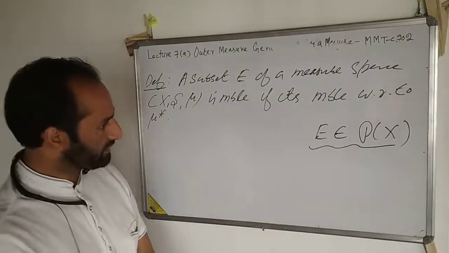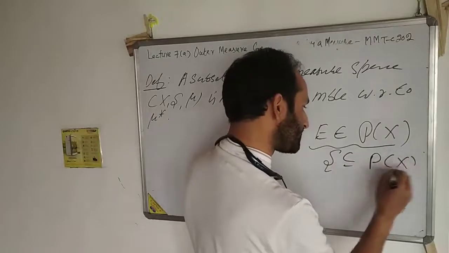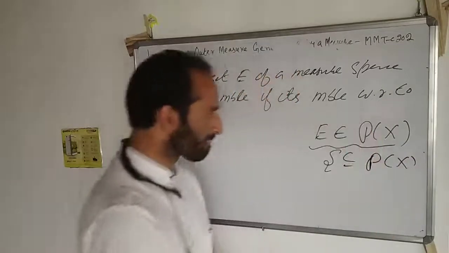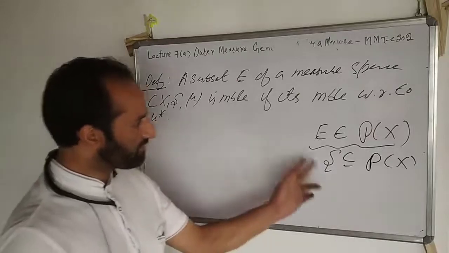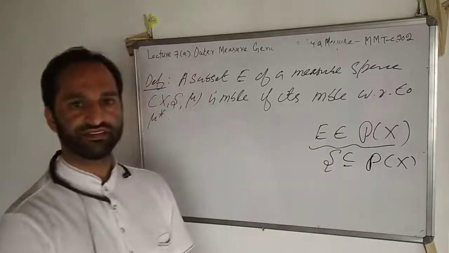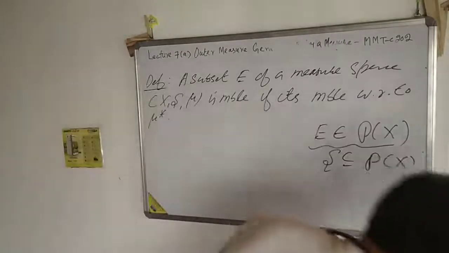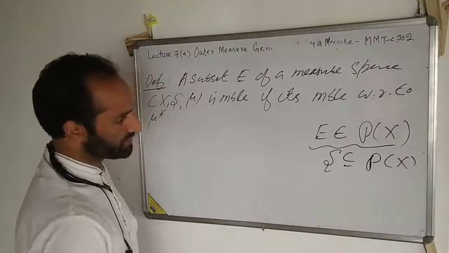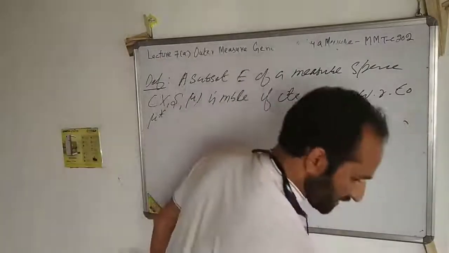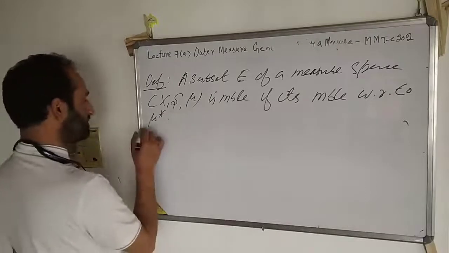But here S is a subset of the power set of X because it's a certain class of subsets of X. And in the next theorem we'll see that every member of S is measurable. That's a very important property because it has a number of applications. So let's first do this theorem. Every member of S is measurable.